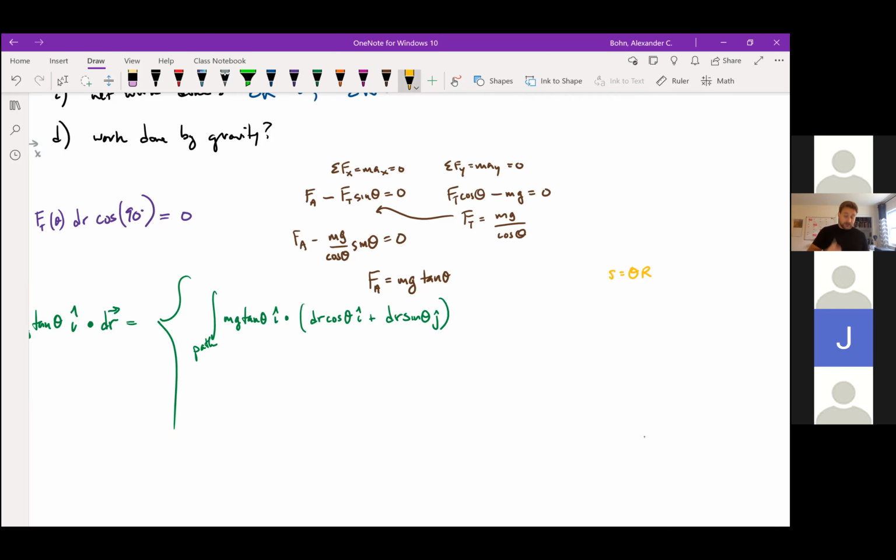So if we took a derivative of a circular arc, the circle has the same radius regardless, a small amount of angular motion is associated with a small arc length r d theta. And now we can convert the integral as written into an integral in terms of theta, a single scalar variable.